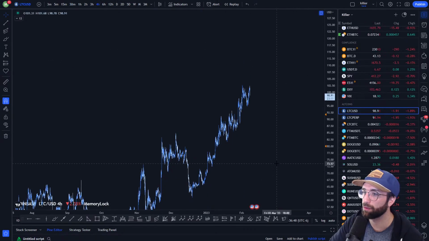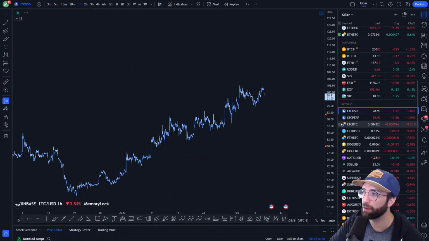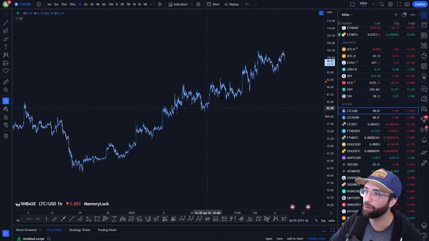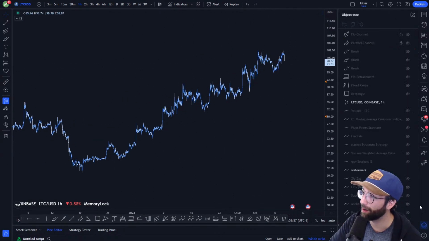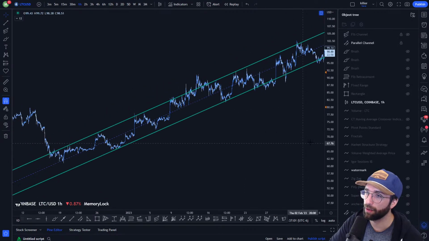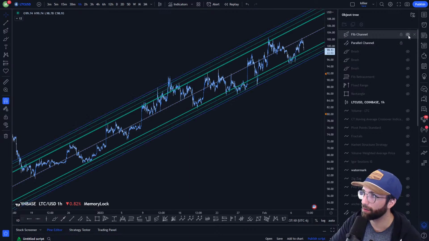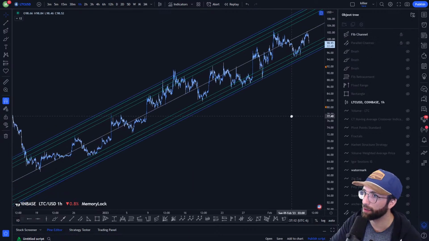Let's see here. We'll go to maybe our 1 hour. It's not hard to identify that there's probably some kind of channel here on Litecoin, right? So we go ahead and draw that out, and we can see that we have our channel here. Let's do the upgraded version. Let's add the Fibonacci channel instead. Okay, so we'll put that on and get rid of this.